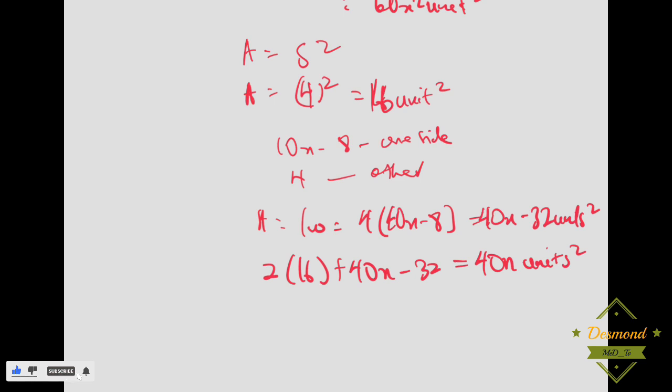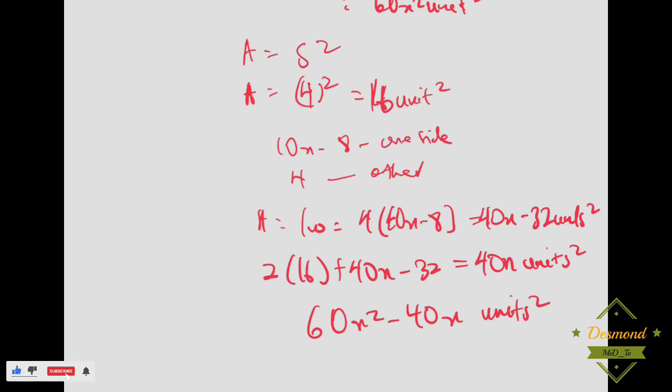Now, the area of the region that requires grass seed is found by subtracting the 40x from the 60x squared. So that's 60x squared minus 40x units squared. This area can also be expressed in factored form.